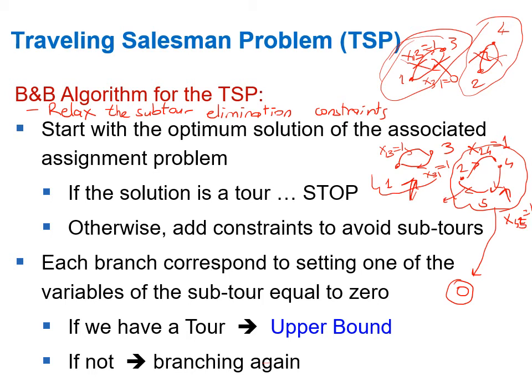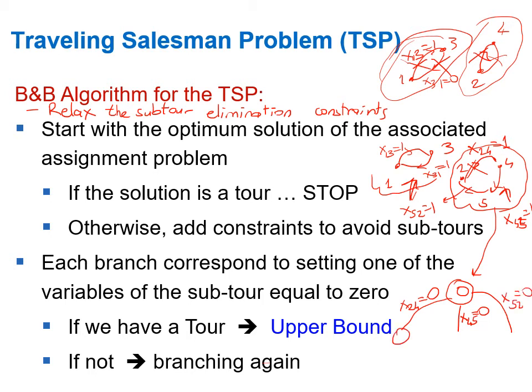And we have x52 equal to 1, which means that we are switching from 5 to 2. So we need to eliminate at least one of these so that there is no subtour. Then in this branch and bound tree, either we will set x24 equal to 0 so that we eliminate this switch over here and we will not have this subtour, or we can eliminate this one, 4 to 5, or we can eliminate this one, 5 to 2.